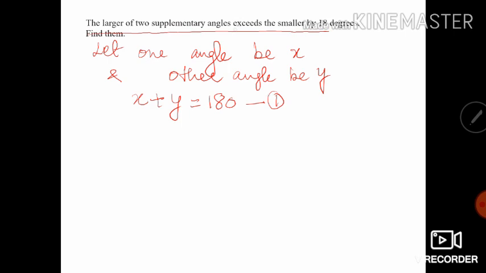Now look at the remaining part of the sentence. The larger angle exceeds the smaller by 18. So since here there is a sum, we don't need to bother which one is larger. Let x be the larger angle. So if x is the larger angle, then x is equal to y plus 18.